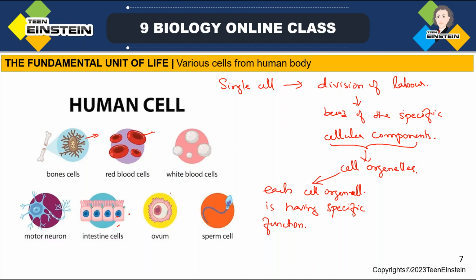All cells are found to have the same organelles, no matter what their function is or in which organism they are present. Each and every cell can work as a single unit and as a part of the system. So each and every cell has its own contribution. Okay.